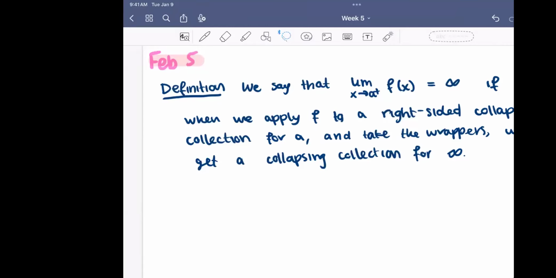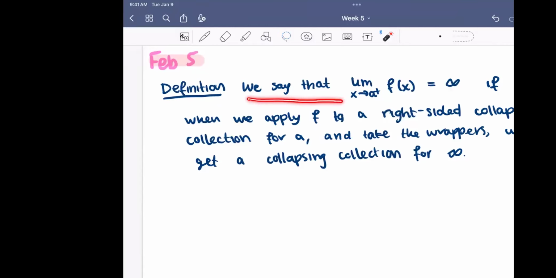Okay, so let's start with recapping this definition. We're looking at infinite limits, where the output is infinity.